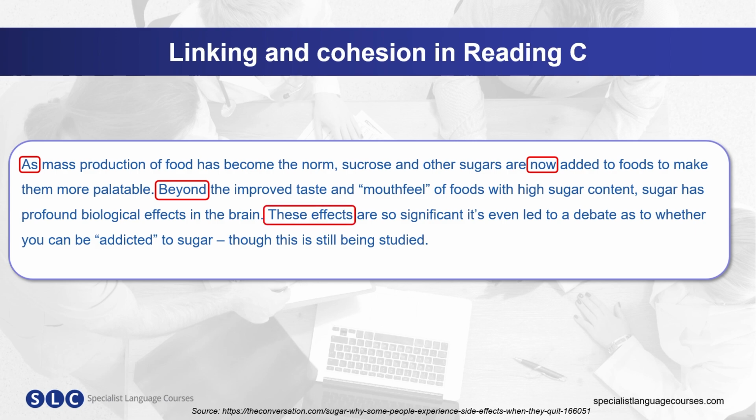"These effects" refer to the biological effects mentioned just before, and "though" is used for contrast at the end to highlight the possibility of an addiction to sugar is still being studied, therefore not fully explored.